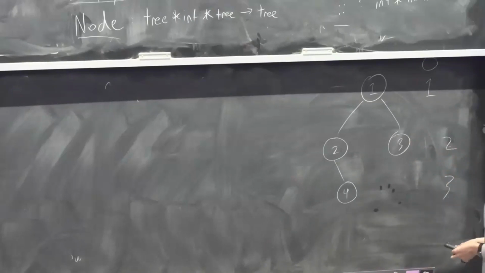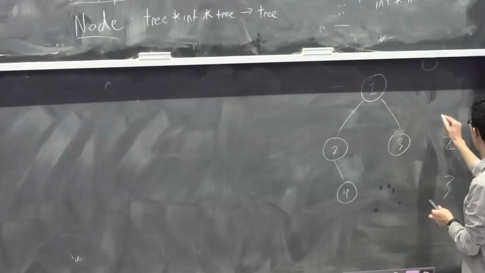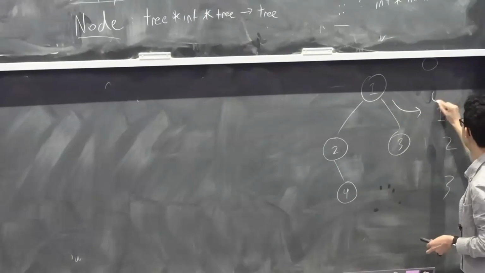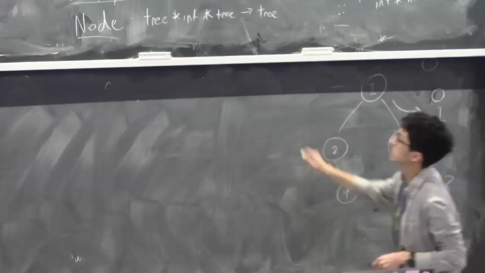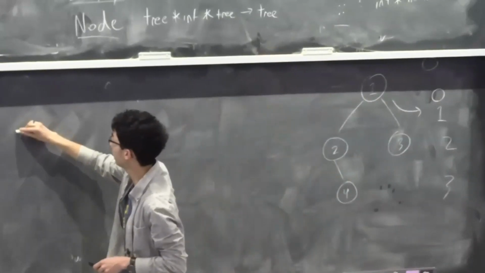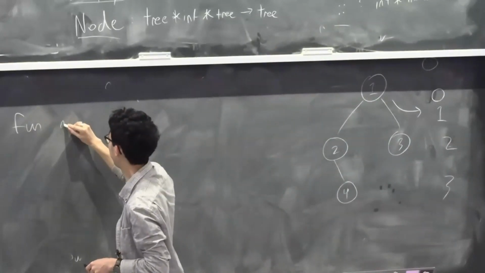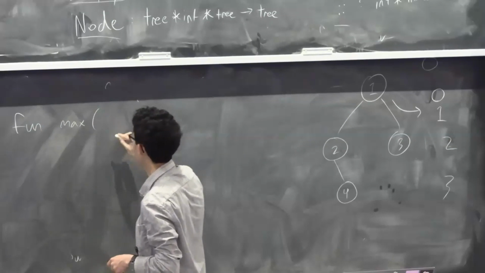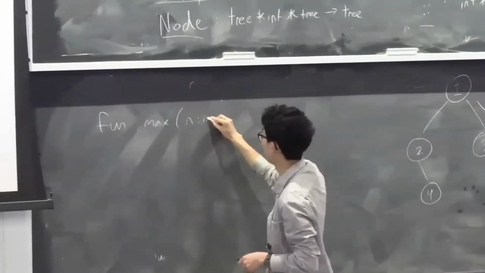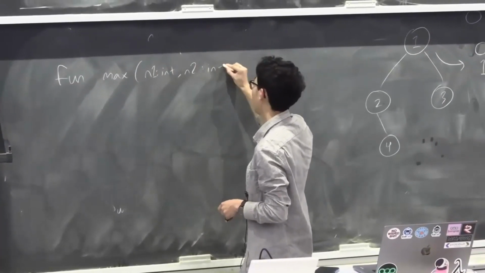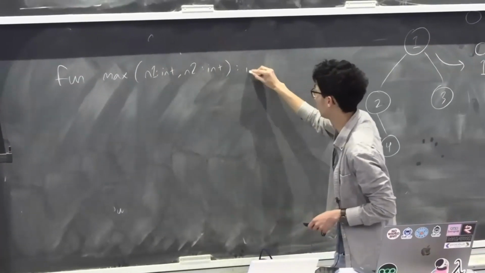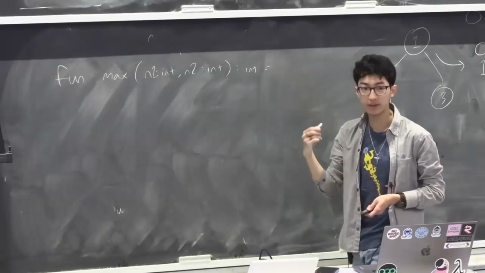The empty tree is right up here, and then 0 is above that. Cool, so let's do it. We're going to define this function, but first I'm going to take a little detour and give you n1 and n2, which are ints. We're going to define a max function, which takes in two ints and returns their max.